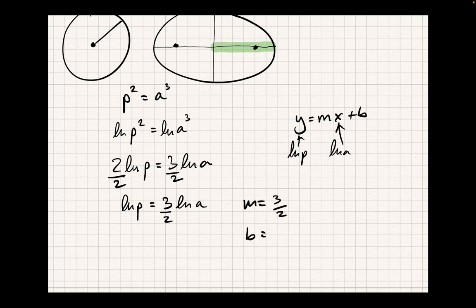3 halves, and b is what? I don't see a b, so what's b? b is 0. So what's 3 halves? 1.5.